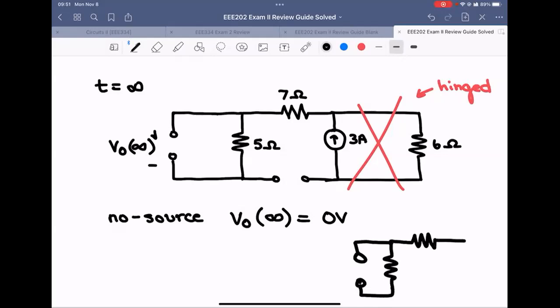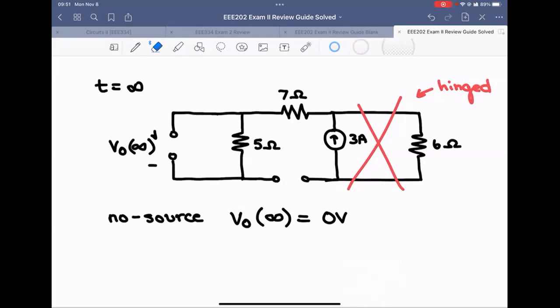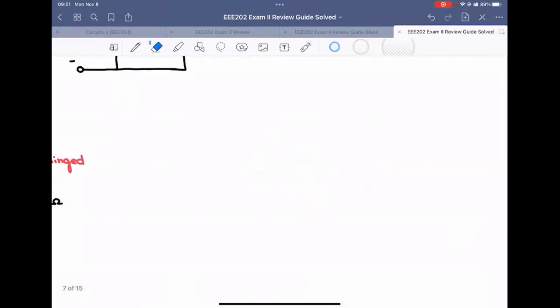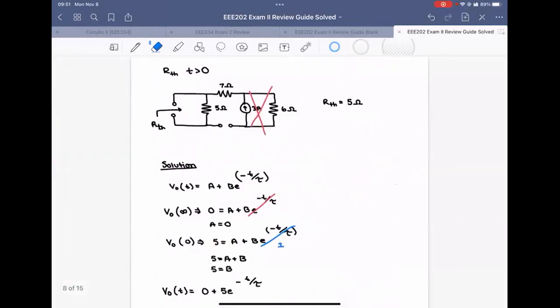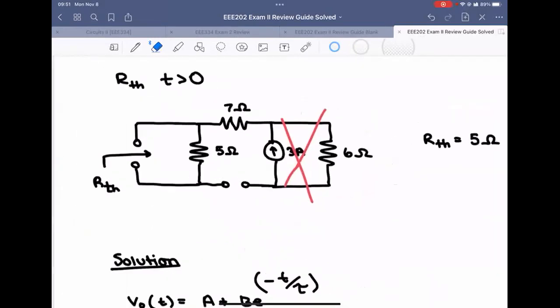That's what it would look like for the hinged part. And then this would be hinged itself too, so this would go away. And now you can really see that it's nothing, right? It's 0 volts. Do we have to write an equation for that or anything? Yep, we'll get there.